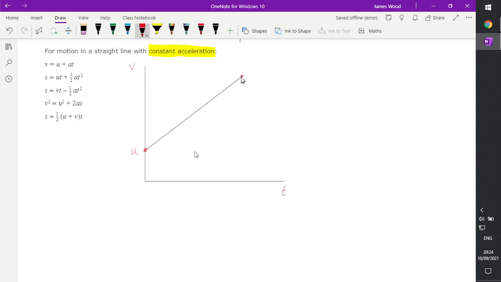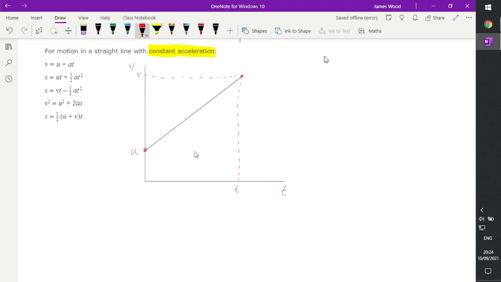And it reaches a speed up here at time t of v, its final velocity. Okay. Now think about the things that we know about a velocity time graph already. We know that we can look at the gradient, and that tells us the acceleration. And we know that we can look at the area underneath it, and that tells us the displacement. And we're going to use those to come up with these SUVAT formulae.